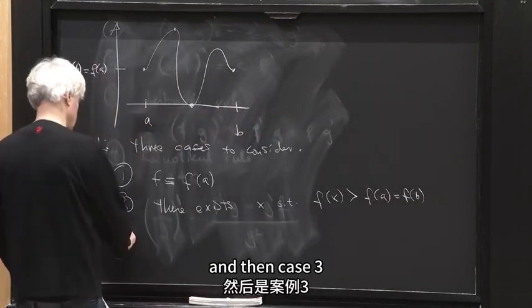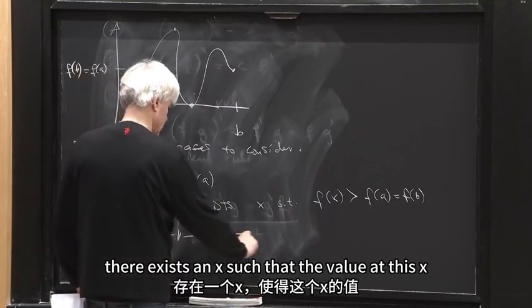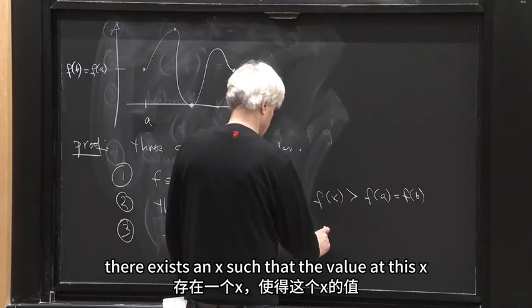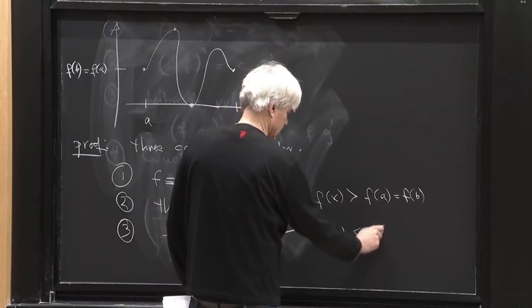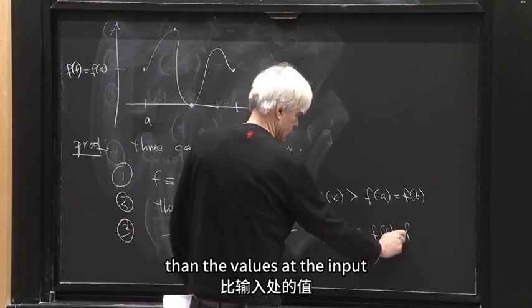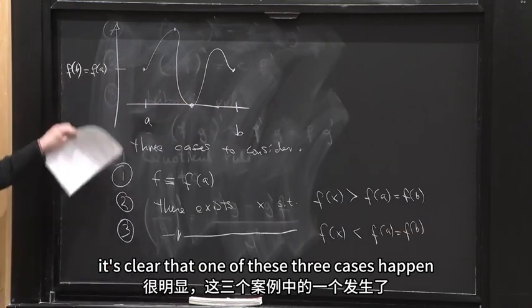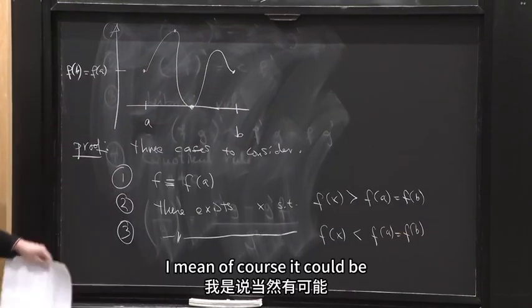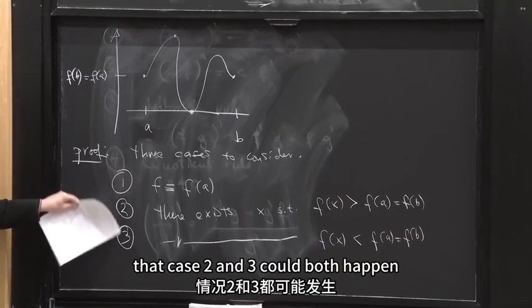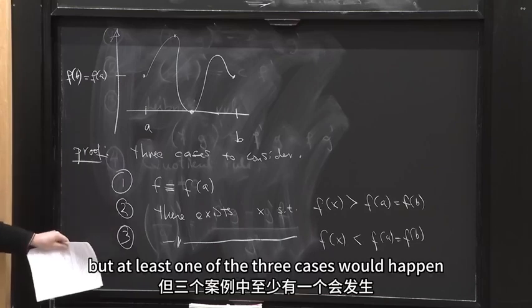And then case 3, there exists an x such that the value at this x is strictly less than the values at the endpoints. It's clear that one of these 3 cases happens. Of course, case 2 and 3 could both happen, but at least one of the 3 cases would happen.